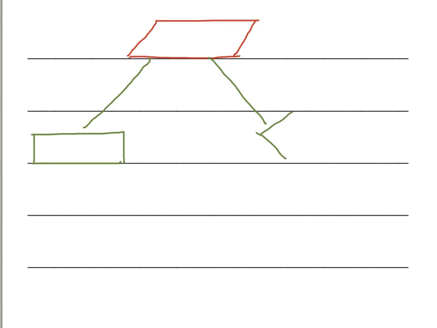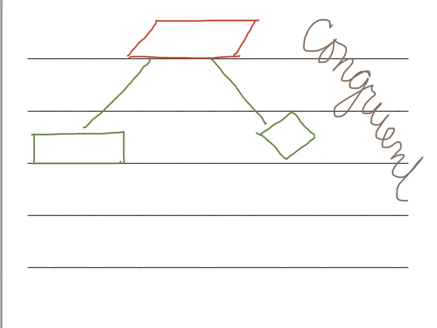Now there is a difference between them, and the interesting part is you're going to have to think back to use a word that we've used in the past, and that word is congruent. Congruent is very, very important to telling the difference between rectangles and what we call a rhombus.